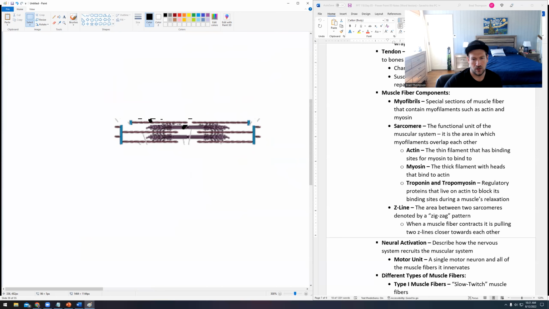So I'm basically sliding these little proteins, right? We slide this one this way, we slide this one this way, and now the whole thing shortened, right? It got a little bit closer together and it slid from one end to the other, right?